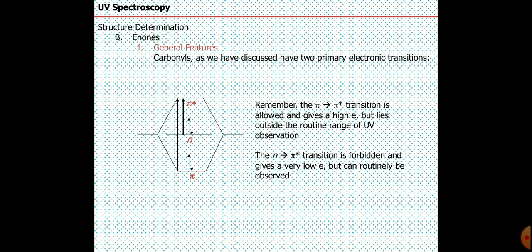The pi to pi star transition is allowed and gives a high intensity value but lies outside the range of the UV region. Therefore, this is not useful. But the next transition, that is n to pi star transition, is of very low energy and has a high lambda max value. Therefore, this transition is the routinely observed transition and has intense absorption.